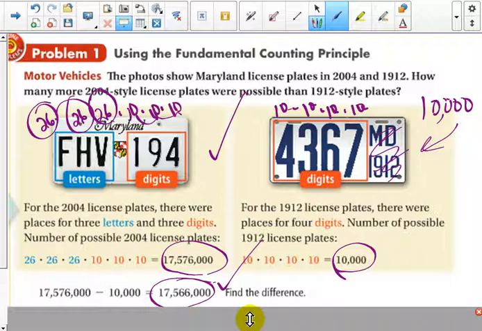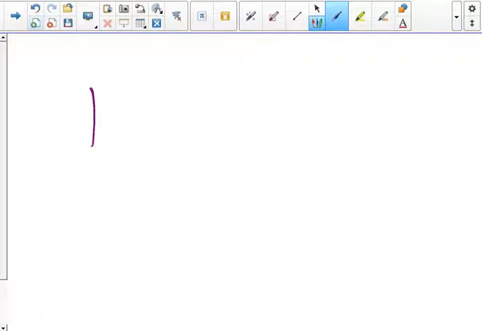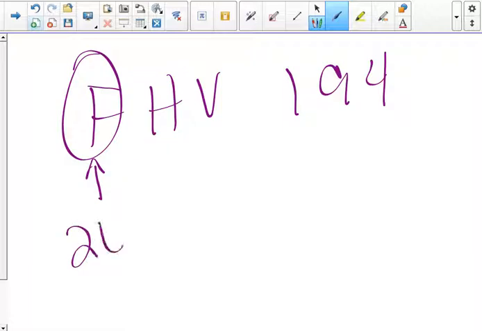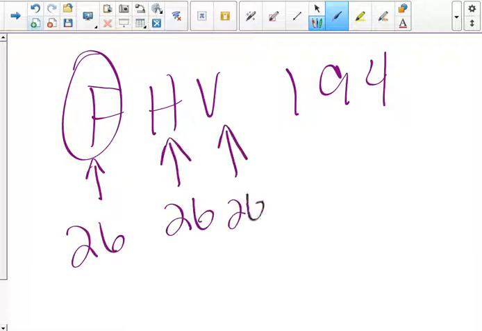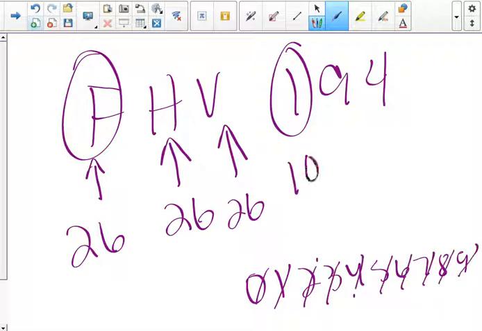Well, here, okay, so here, how many possibilities do we have for an alphabetic character to be here? 26. How many possibilities here? 26. How many here? 26. How many characters are possible? You've got 0, 1, 2, 3, 4, 5, 6, 7, 8, and 9. That's 10 characters.